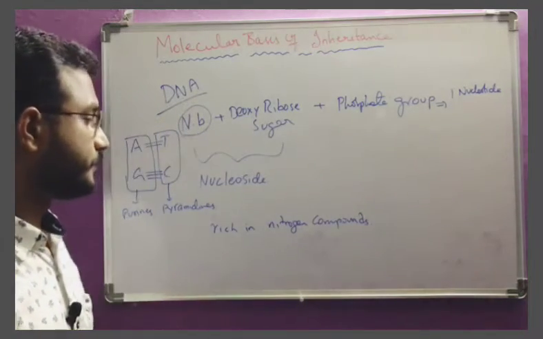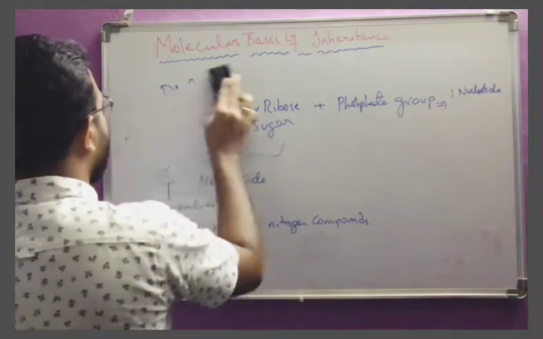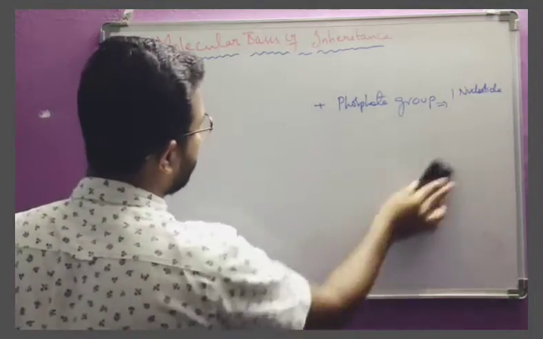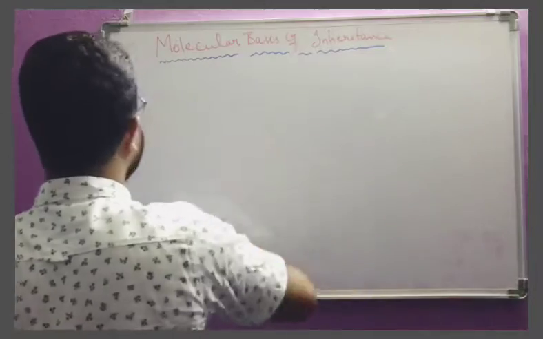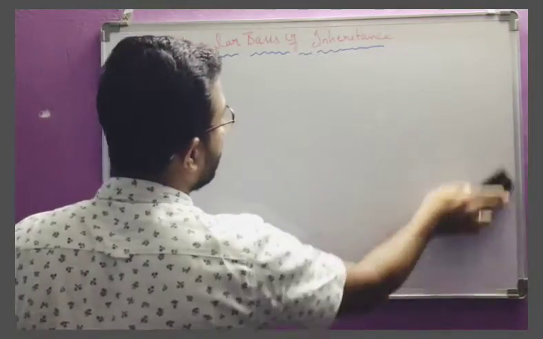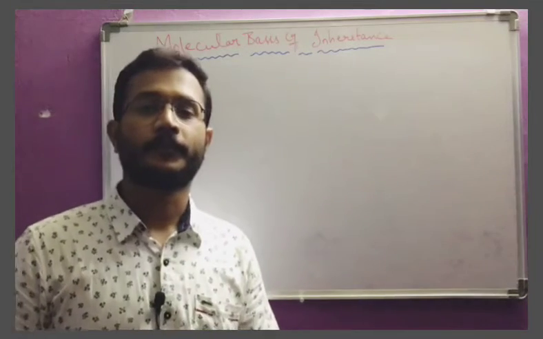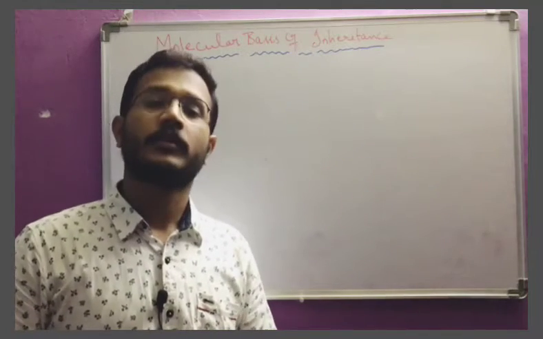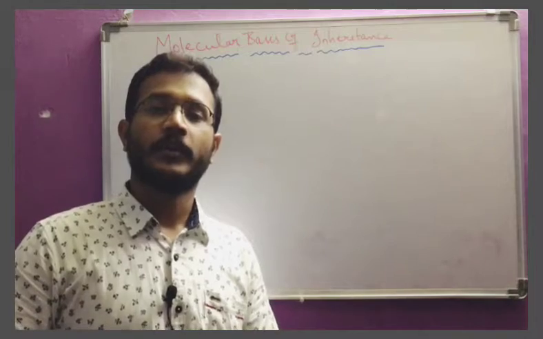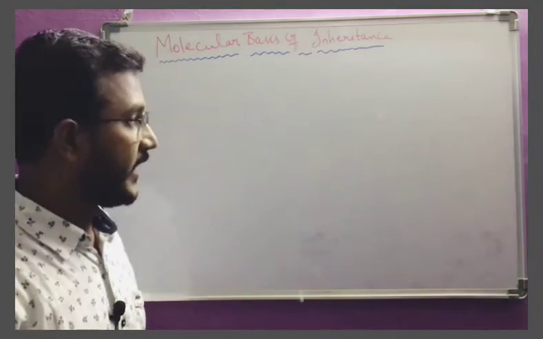Understanding? Now, as we know, Watson and Crick proposed the semi-conservative method of replication. They proposed it, but what is the proof? How was it demonstrated?